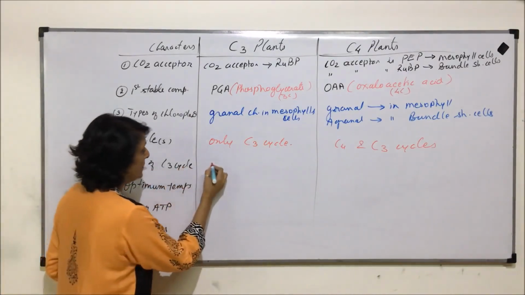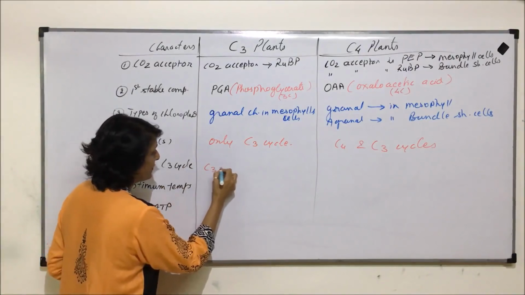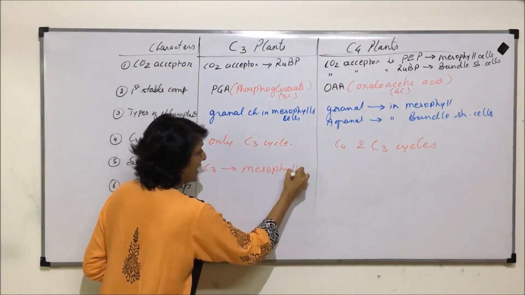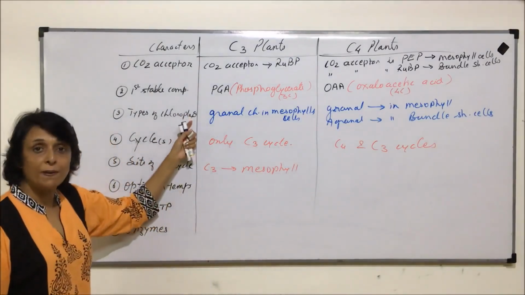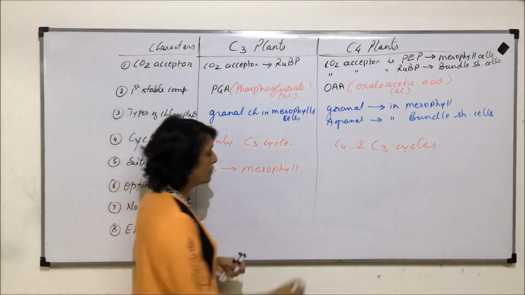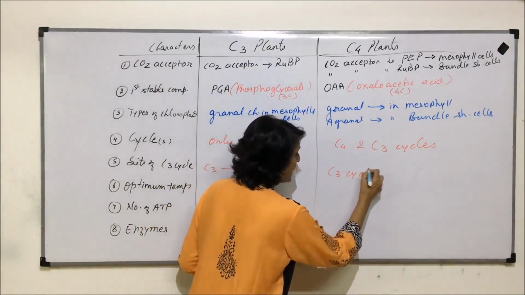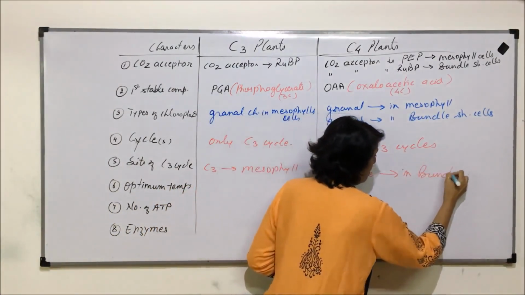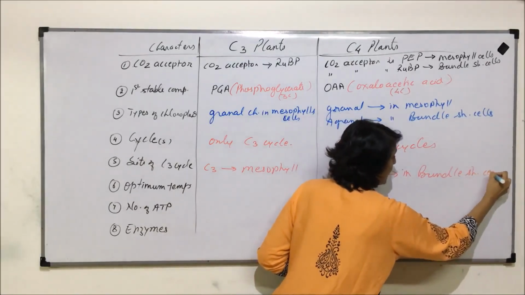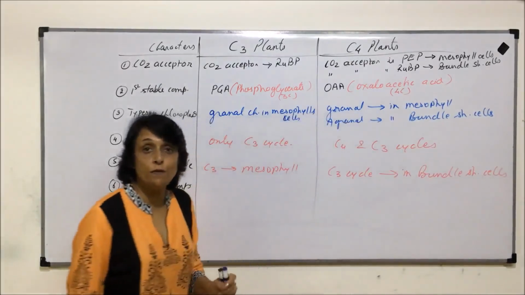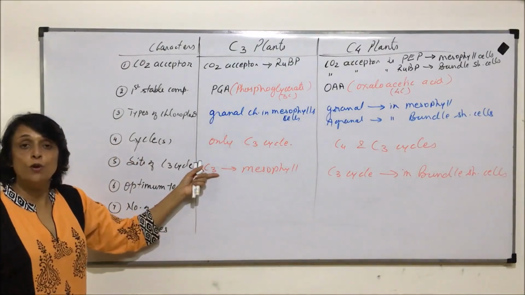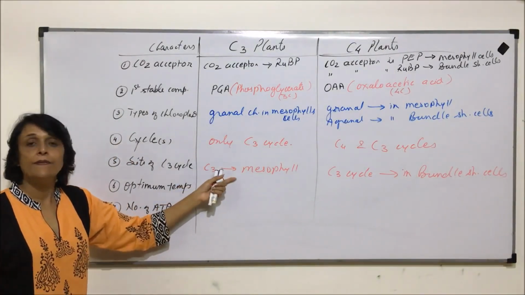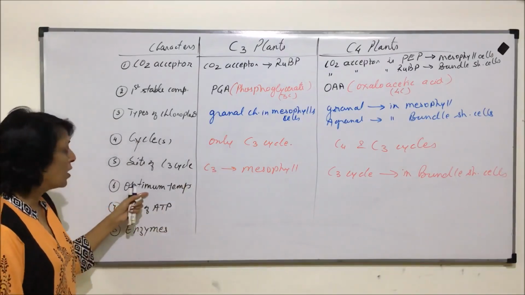In case of C3 plants, C3 cycle takes place in mesophyll cells, and in case of C4 plants, C3 cycle takes place in bundle sheath cells. So location is different, and we now know why this location has been changed. It is to avoid that problem of photorespiration.